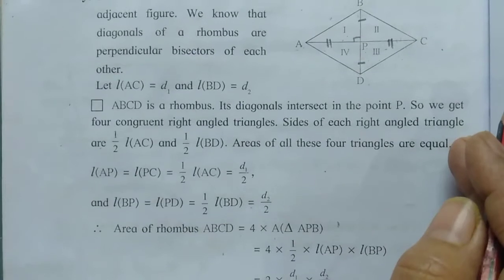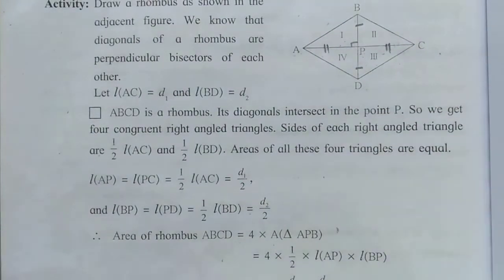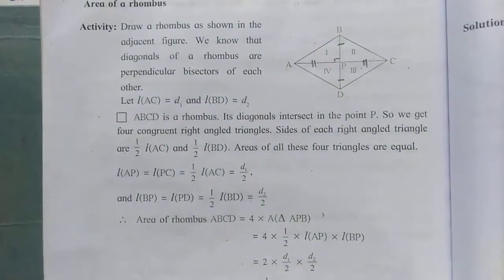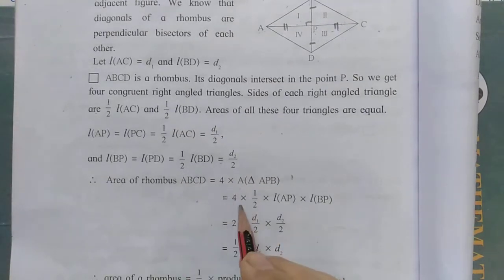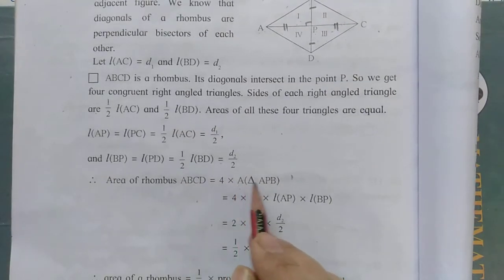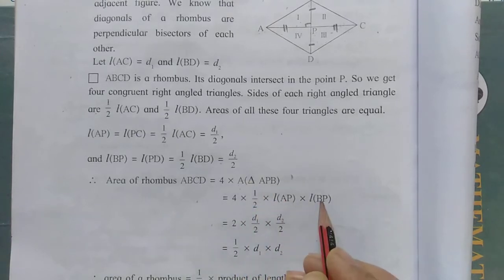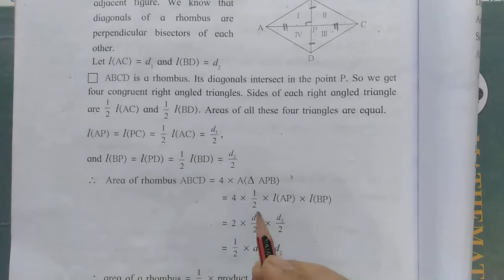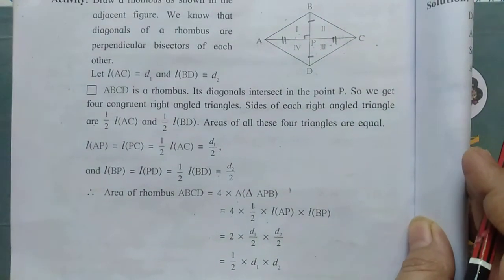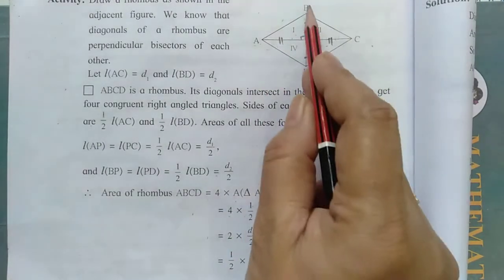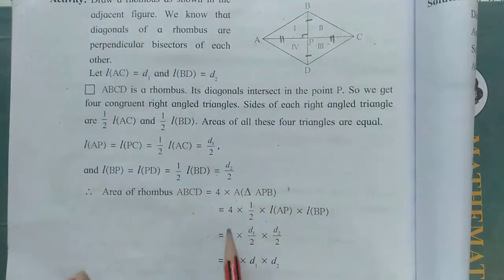Take any one of the triangles. So 4 multiplied by, we know that area of a triangle is half into base into height, correct? So 4 into half into length of AP multiplied by length of PB.